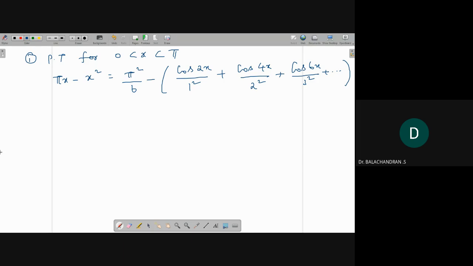So deduce that summation n equal to 1 to infinity 1 by n power 4 is equal to pi power 4 by 90.